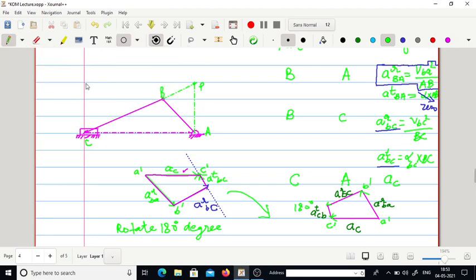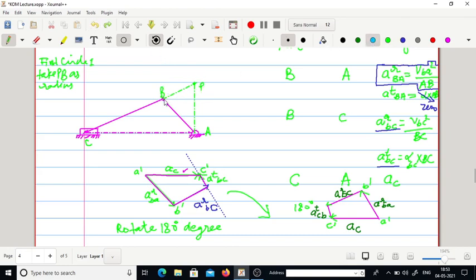For the first circle, take PB as radius and draw a circle. Let me take some other color.